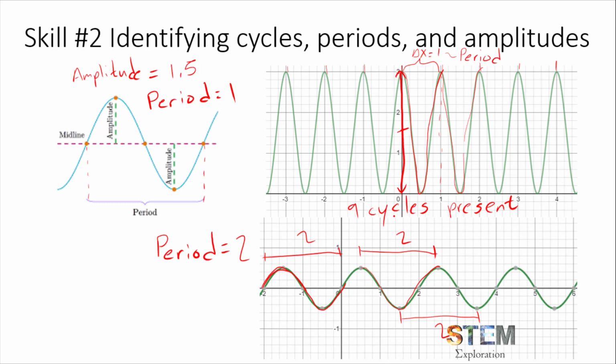And then I also want you to be able to find things like amplitude. So I see that the x-axis is the midline, and I see it goes up 1/2 and goes down 1/2. So the amplitude in this given situation would simply be 1/2.